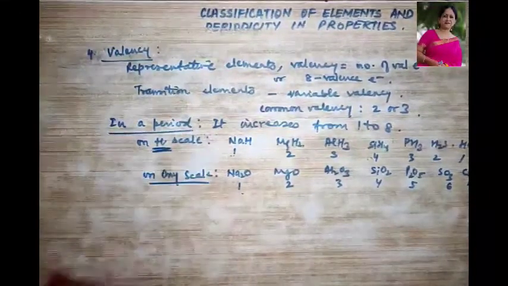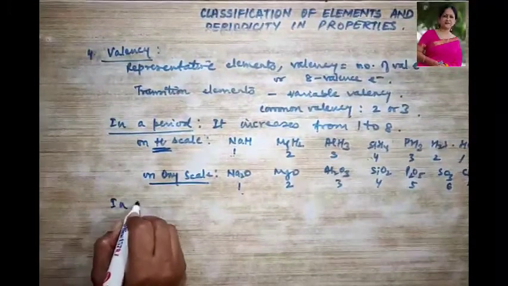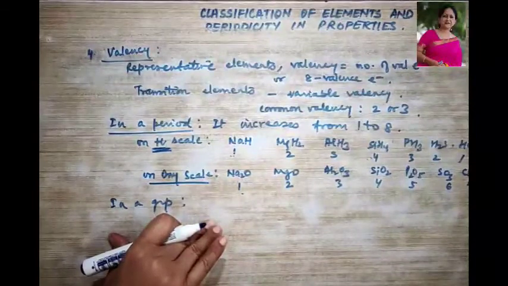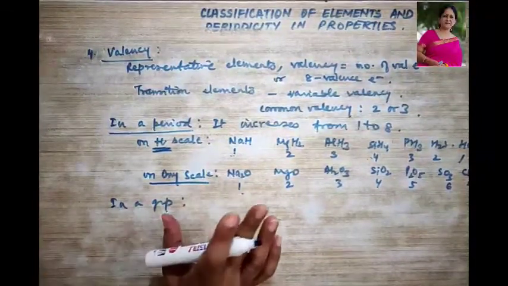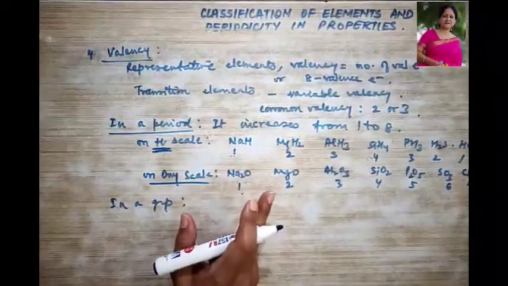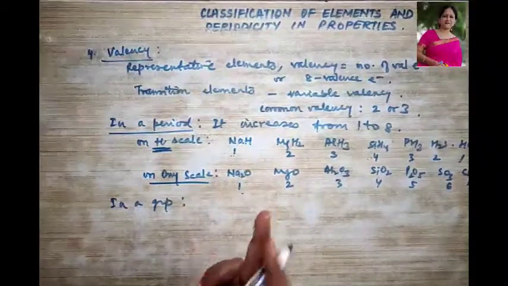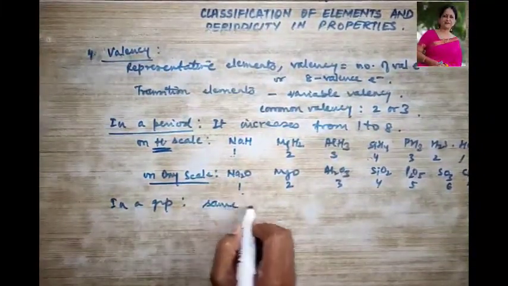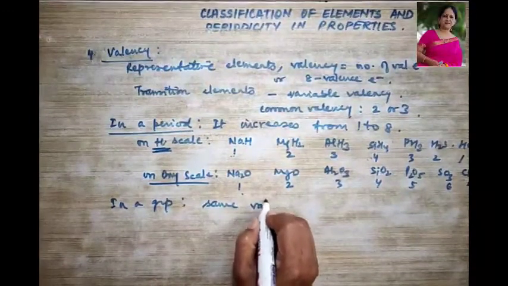This happens in a period. Now in a group, what do we know about valency? All the elements have the same number of valence electrons, and hence they show the same valency.